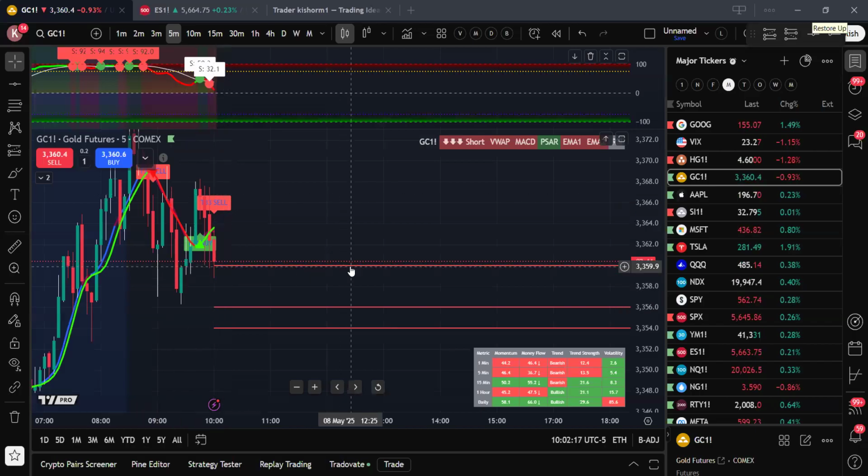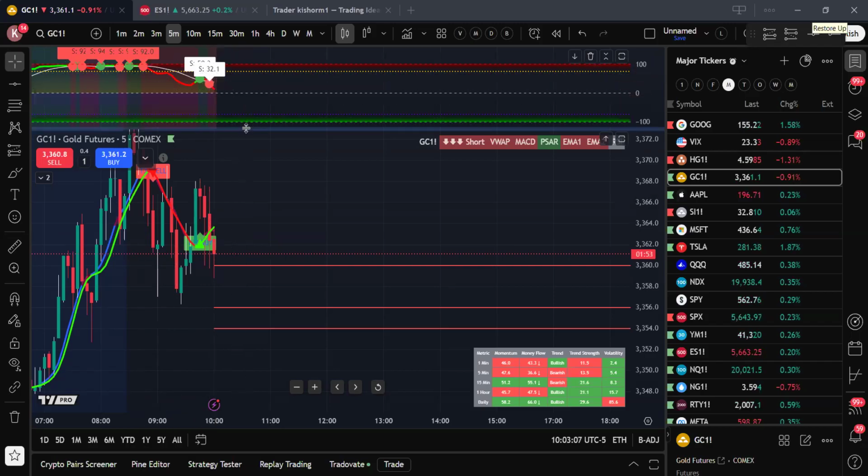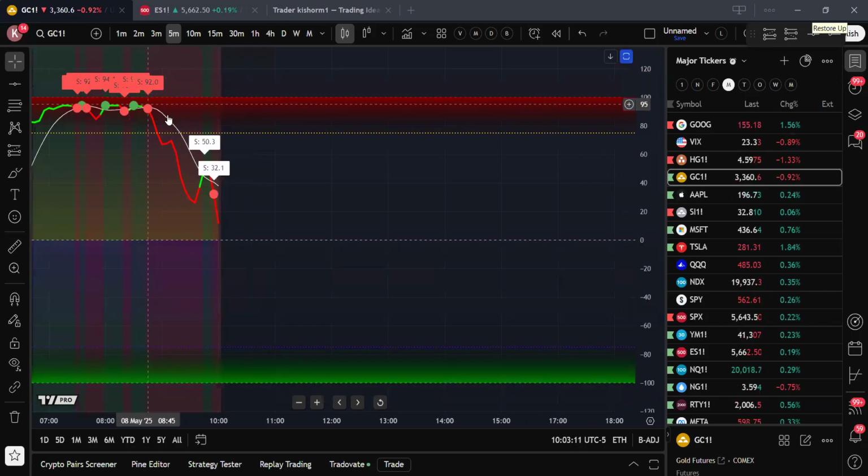So whenever you are looking at GC, you can take the trades with GLD. There is a big possibility for a nice drop with gold.